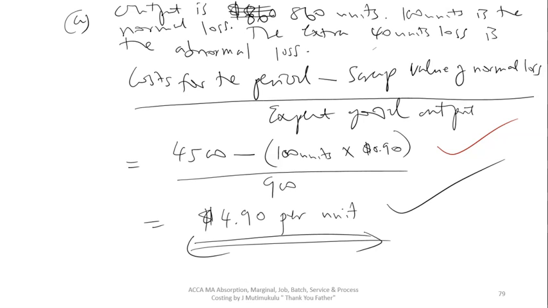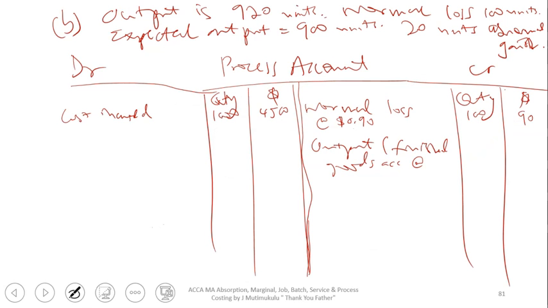Do not be confused in the exam, because sometimes the examiner might ask you whether the abnormal losses or abnormal gains affect the cost per unit. They do not affect. Please watch out. So once you calculate the cost per unit, you are done. You just use the same figure, all right, so at $4.90 as usual.